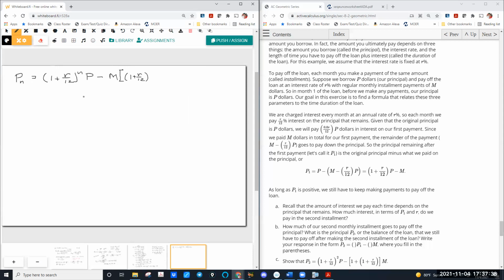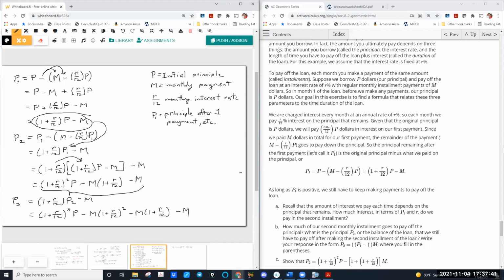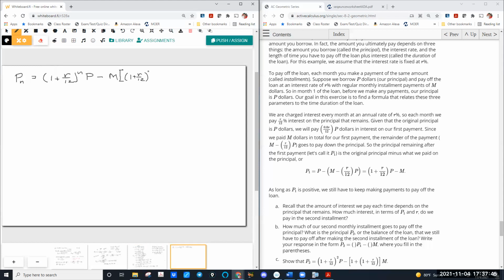Now notice, if this is to the nth power, for instance, this was to the third, the first one was to the second, this one would be to the n minus 1. And we would have all the way down to 1 plus R over 12, and then plus 1. And there are pluses in here because I factored out a negative M. Right there is our geometric series. And this is how a geometric series is going to play into this.